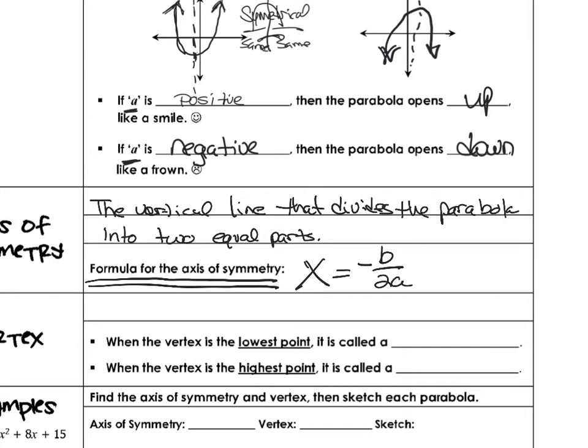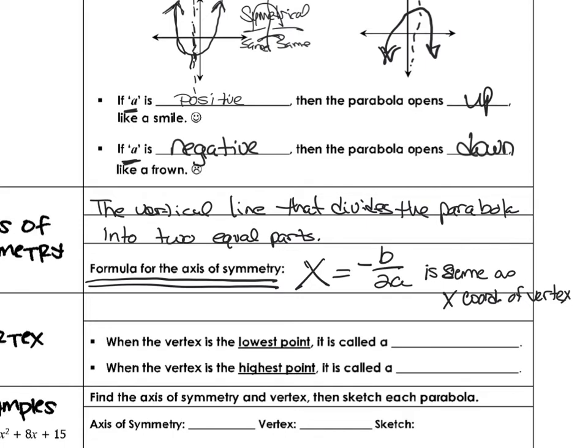Also, the axis of symmetry is the same as the x coordinate of your vertex. And we'll get to vertex in just a minute. All right. So if I can find my axis of symmetry, which is this vertical line that splits it in half. Well, our vertex is the lowest or highest point on your graph.